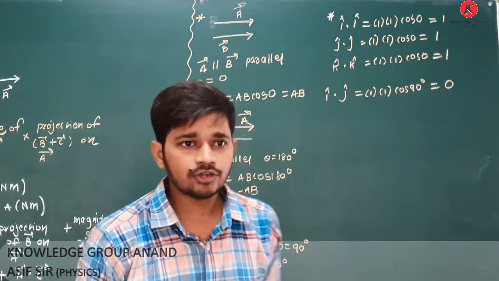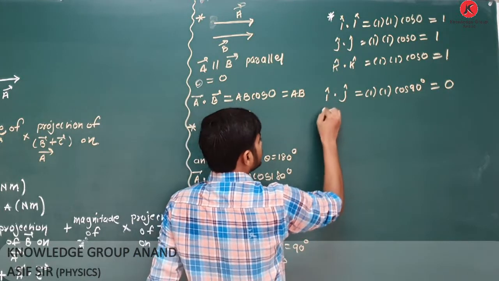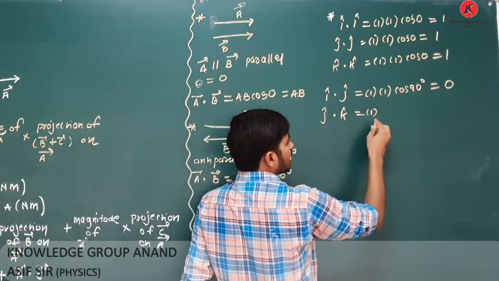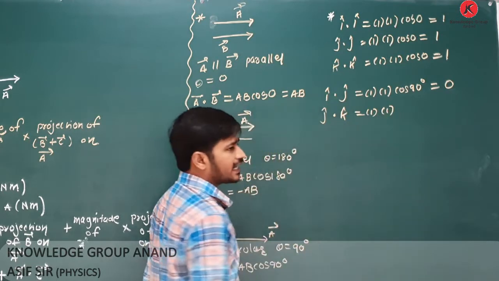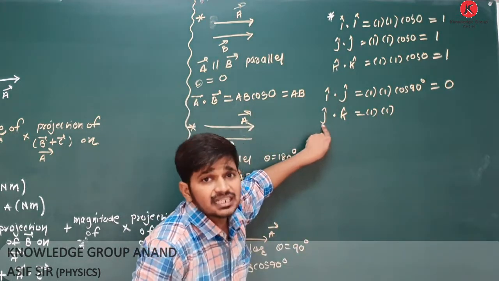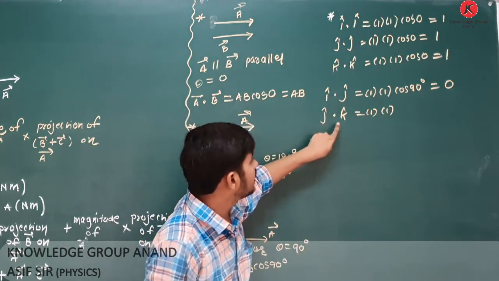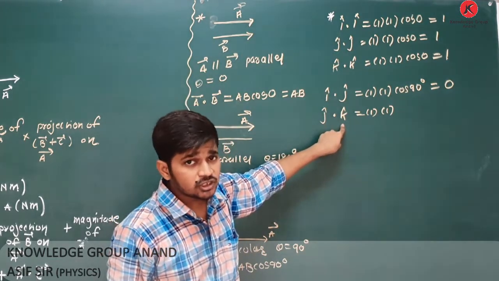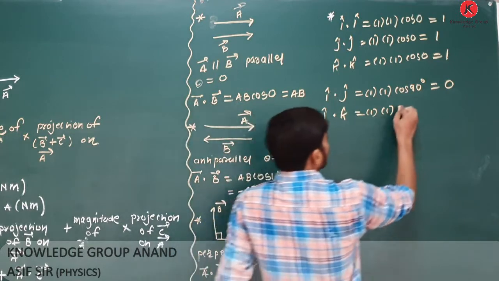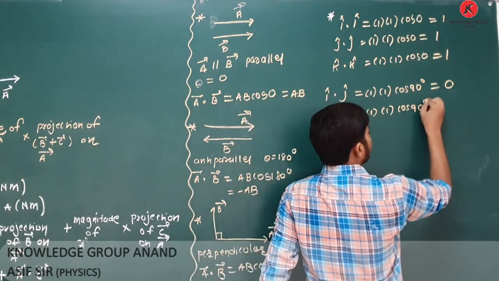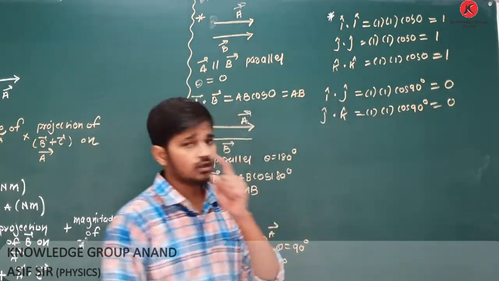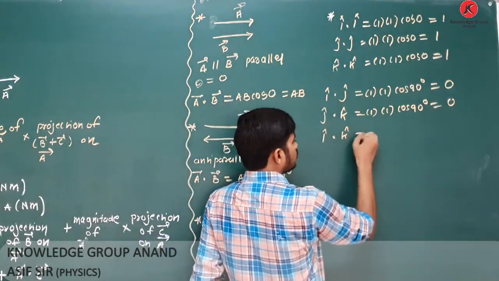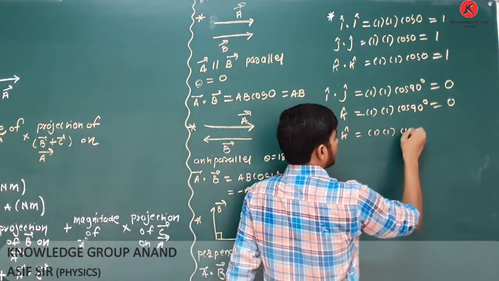Similarly, j caret dot k caret: the magnitude of each is 1, j caret is the unit vector in the y direction and k caret is the unit vector in the z direction, perpendicular to each other, so the angle between them is 90 and cos 90 is equal to 0. And last, i caret dot k caret, you can easily understand.